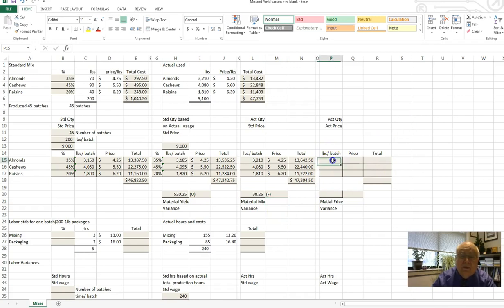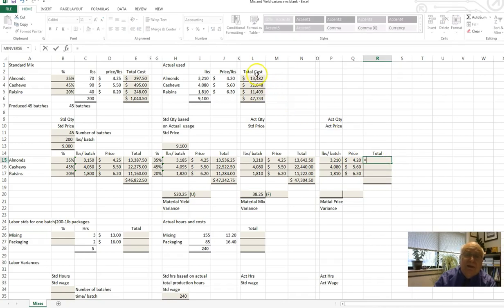Then what we look at, again, we take our actual. We're just going to copy this one down. This is our actual cost that we have. So actual pounds. This is the actual price that we paid. So we copy that one down. And we already have this one calculated out, so we copy this down also, because we already have this one done from up above.